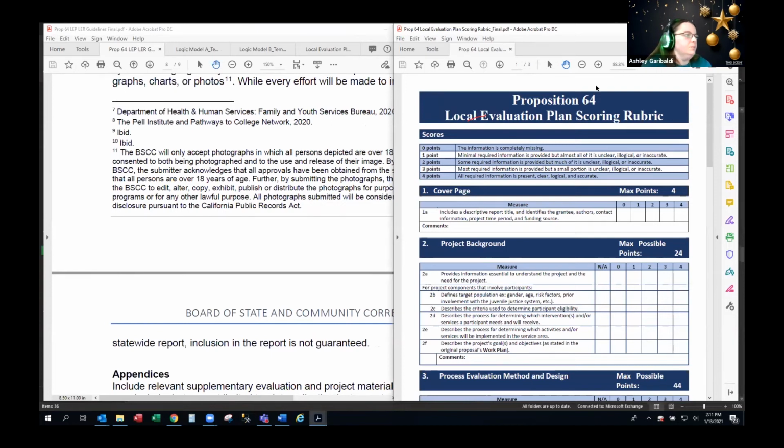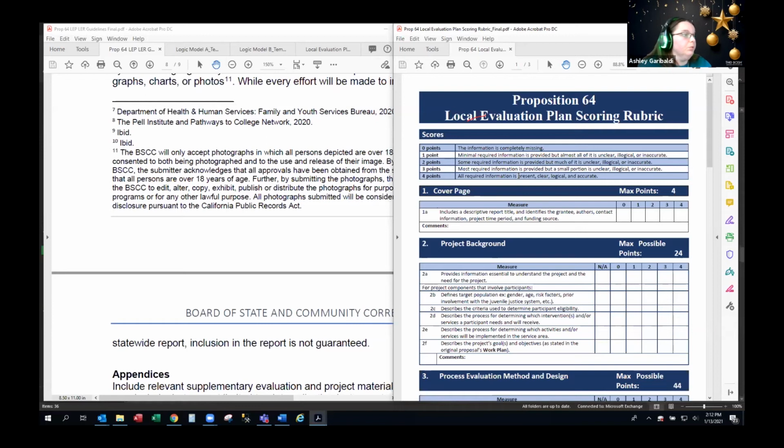So you'll see here there's points that you can be scored with based on each item below, but don't focus on the points. Those are more internal for our purposes. It allows us to evaluate all of the LEPs in a standardized way to determine which plans may need help to get prepared for a good evaluation. And it kind of helps to prioritize issues that need to be handled along the way.